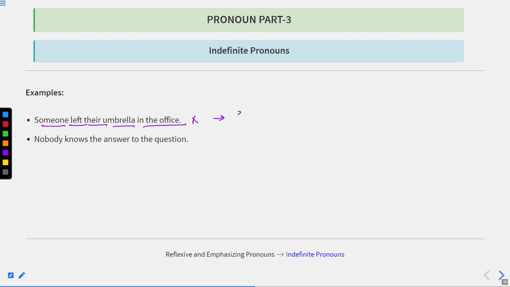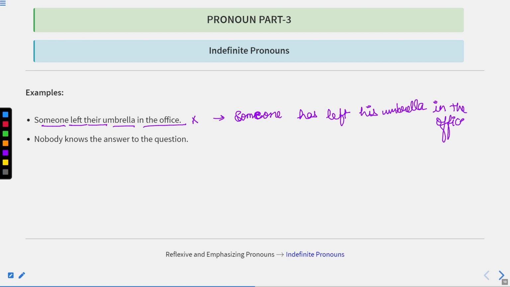The correct one will be someone has left his umbrella in the office.